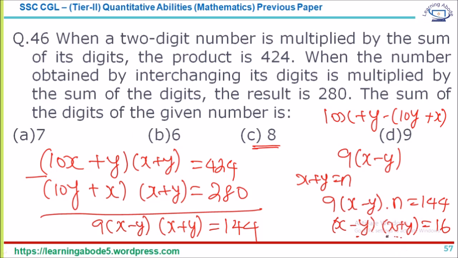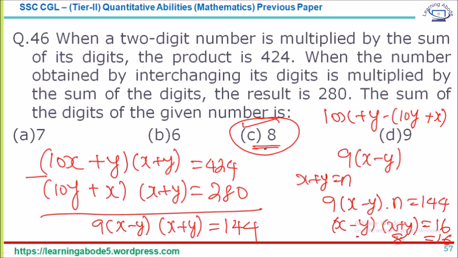Among the given options, only 8 is possible for x plus y, since the product should be 16. So only possible number that can give a 16 here is 8. So that way you can conclude fast.